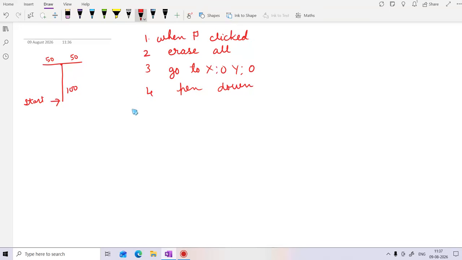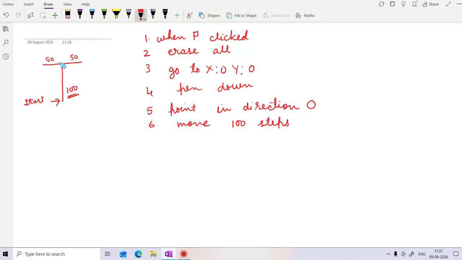And then line number 5 is going up. So it should be point in direction 0. Number 6, how much is it? 100. So we will write down move 100 steps.